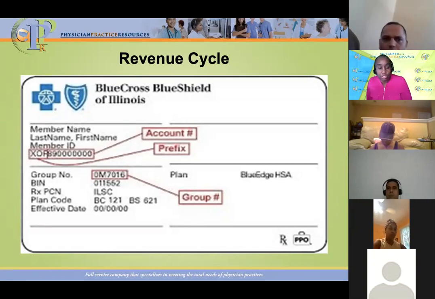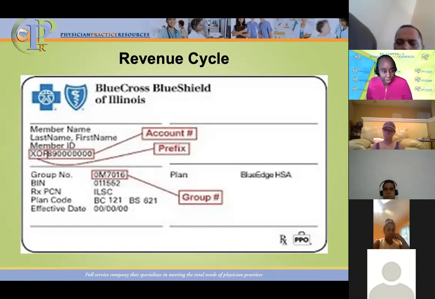If you say, has anything changed, and I can't see what's in the system, how do I know what you're talking about? Some places give the patient a printout, have them look it over, and cross off anything that has changed. We want to verify that our patient's information is the same, because if we need to send them a bill, we need to make sure we're sending it to the correct place.